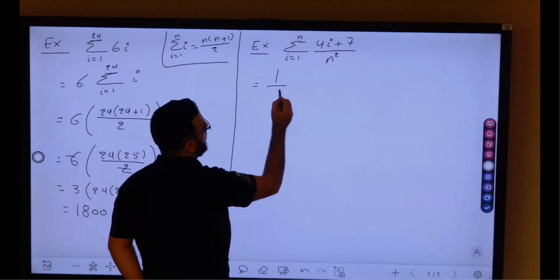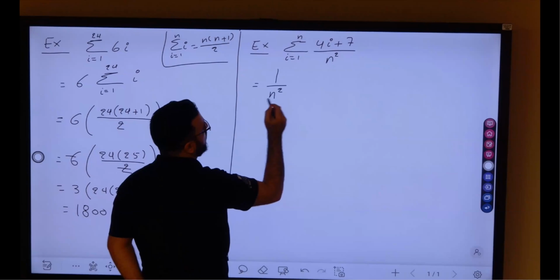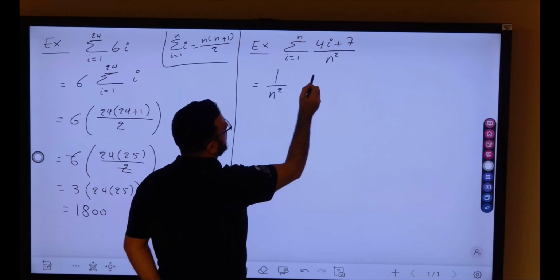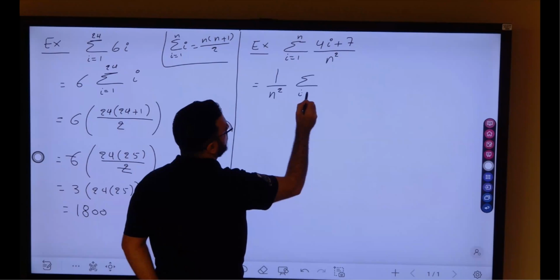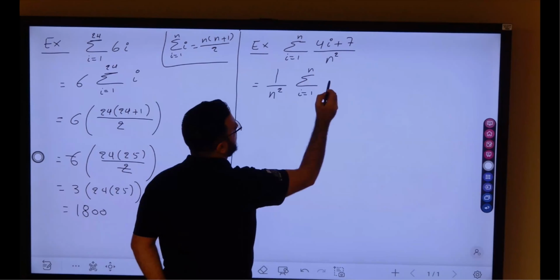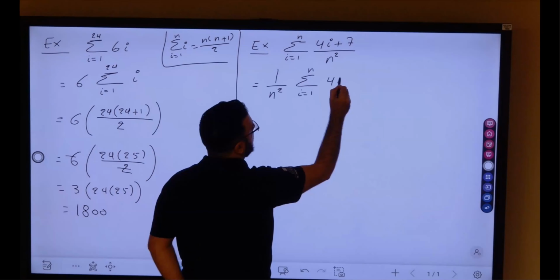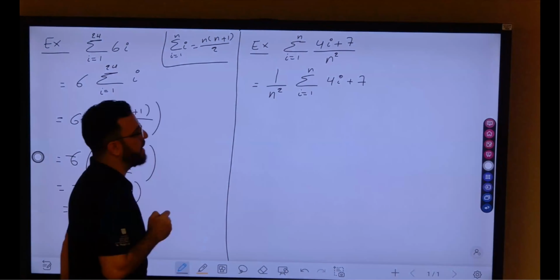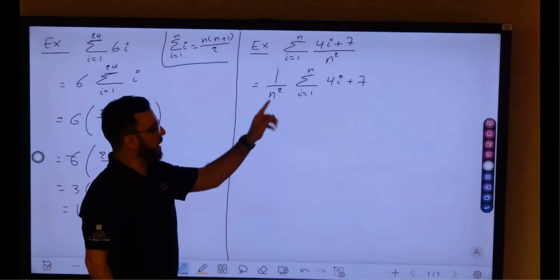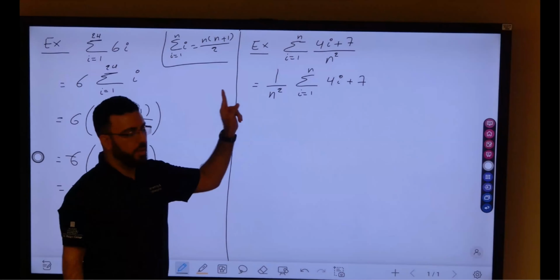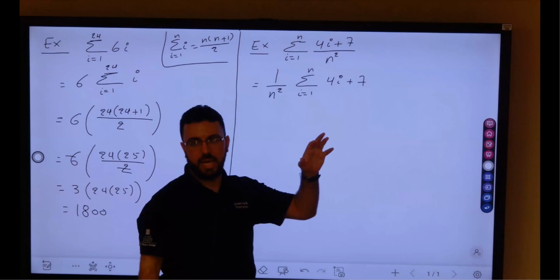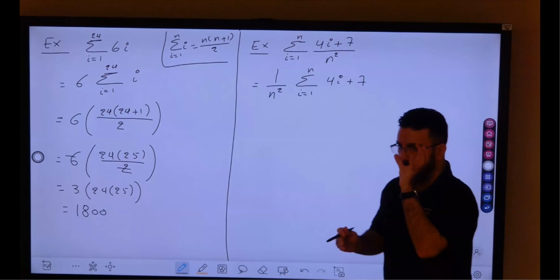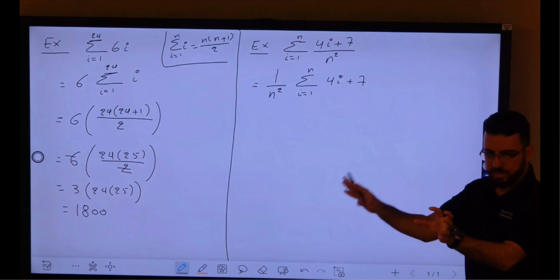That means here is the first step. I can say, okay, 1 over n squared, here is the summation from i equals 1 to n, and here is 4i plus 7. Now tell me, what's the next step? This is a number here, I'm not going to worry about that. What's the next step here if we have summation, this term plus this term?